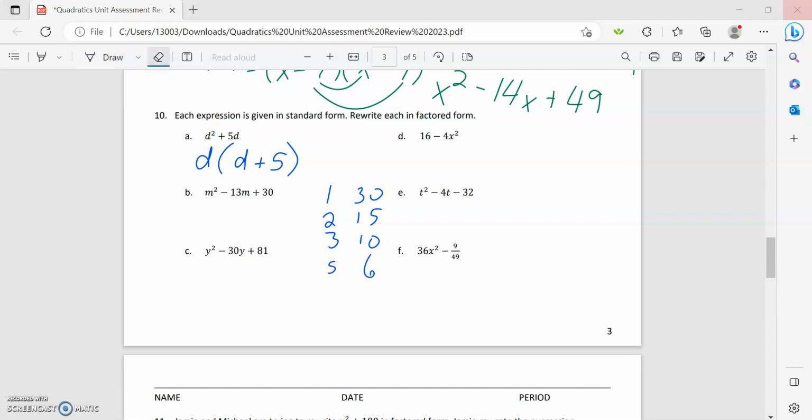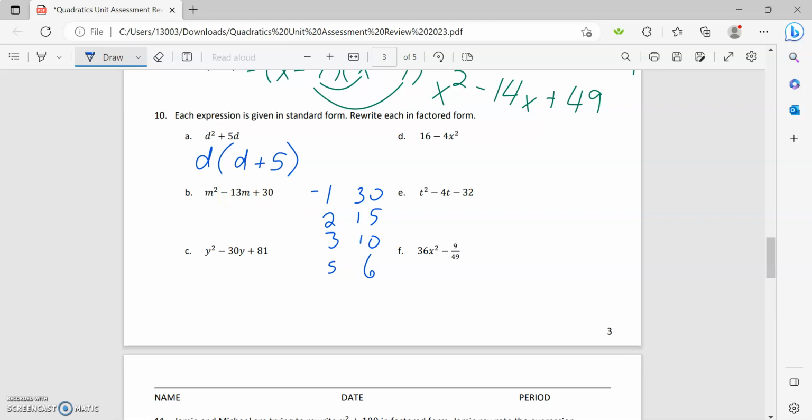Now, when we go to look at these numbers, yes, they all multiply to positive 30, but I have to get to a negative 13. So if I keep them both as positives, I get a positive 30, but not negative 13.